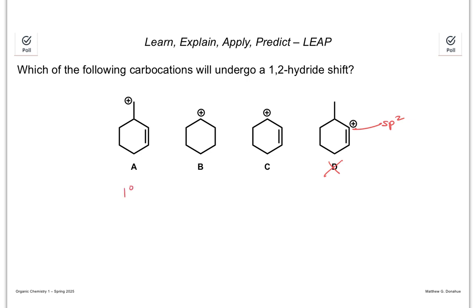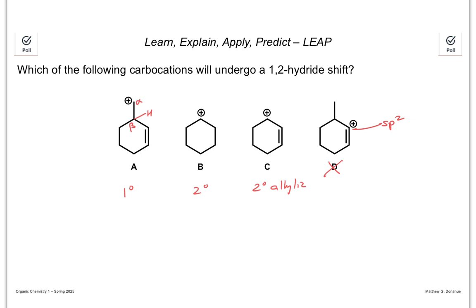So let's just classify them. We have primary, secondary, allylic. Now the question we're asking is, can one of these things rearrange to form something more stable? If we focus on the primary, if that's the alpha carbon, there's only one beta carbon.